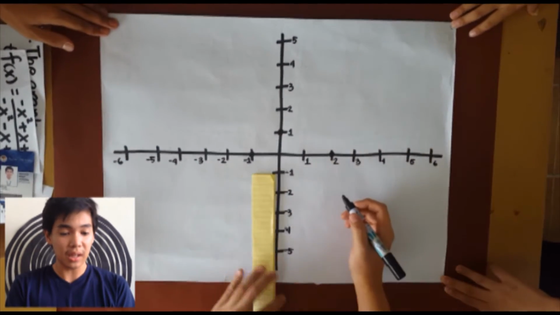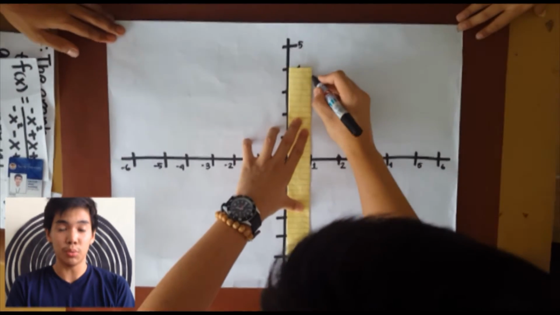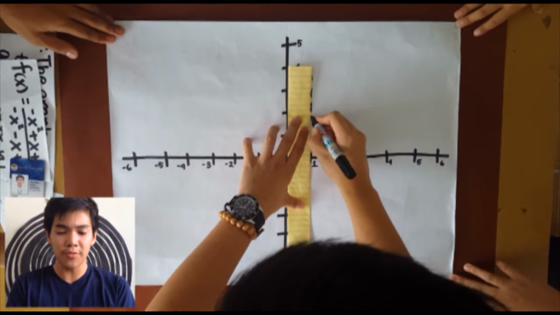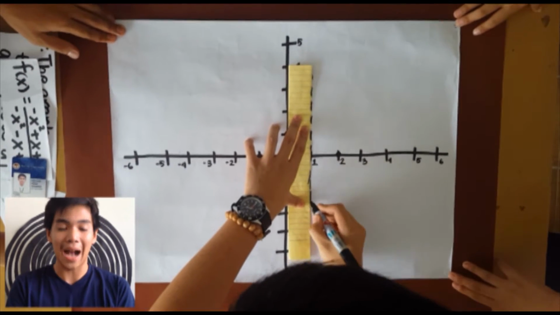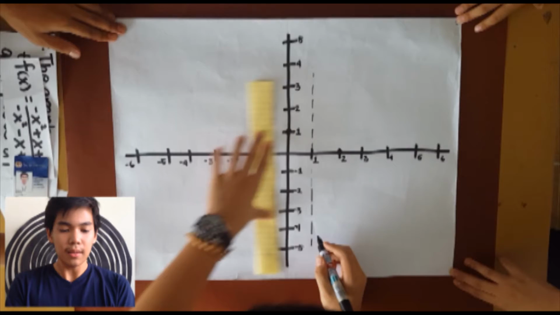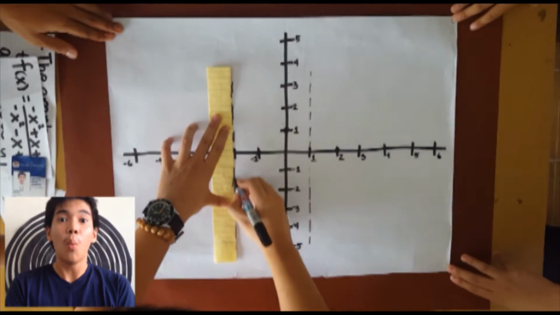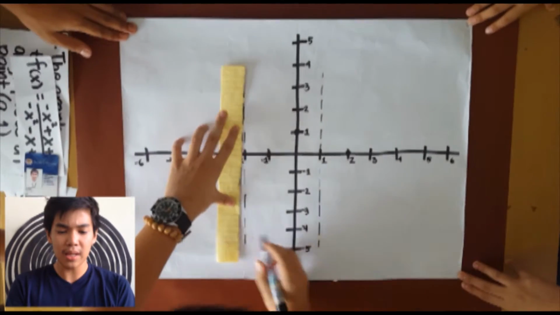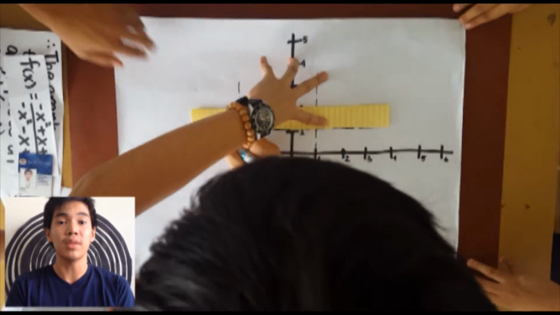We have two vertical asymptotes, which are x equals 1 and x equals negative 2. So we simply draw two vertical lines on both points, which are parallel to the y-axis. Then, we have one horizontal asymptote, y equals 1, so we can draw a line which is parallel to the x-axis passing through this point.